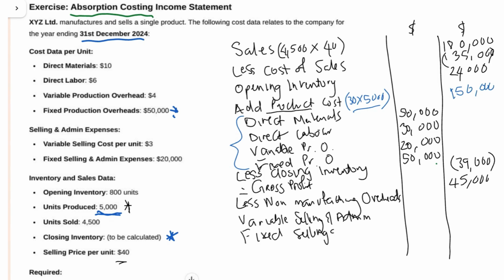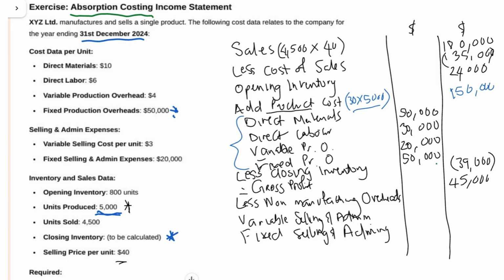So there's a difference. Okay, so you have two types of variable cost and fixed cost, those that are non-manufacturing overheads and manufacturing overheads. So the ones that we calculate inside your absorption costs are only those that are part of manufacturing overheads. Do not include your non-manufacturing overheads when calculating your absorption cost per unit, or calculating your production cost.